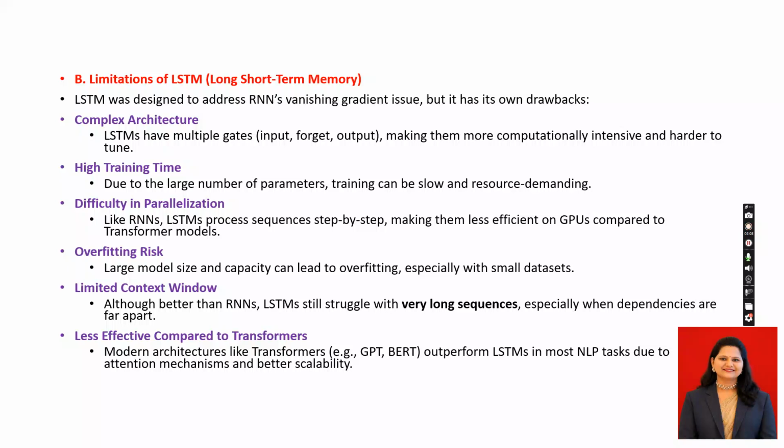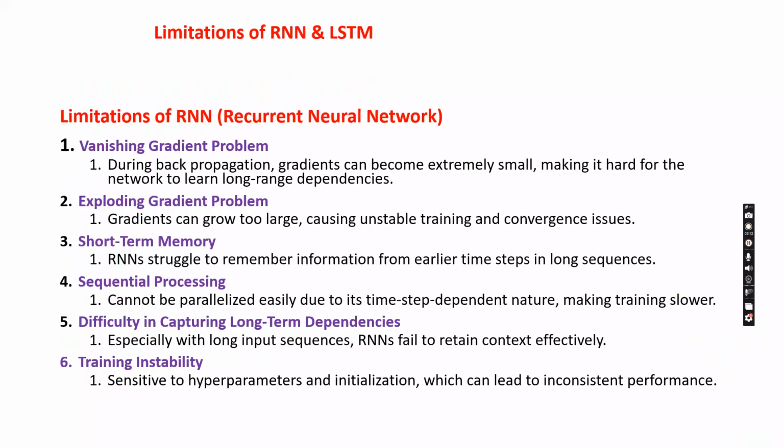Next is limitations of RNN. Now, let us summarize the major limitations of RNN. First is the vanishing gradient problem, where gradients become extremely small during training. Second is the exploding gradient problem, where gradients become excessively large, causing unstable learning.